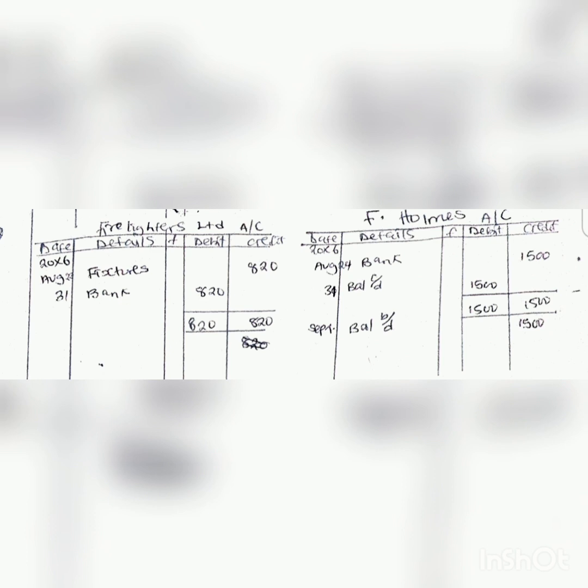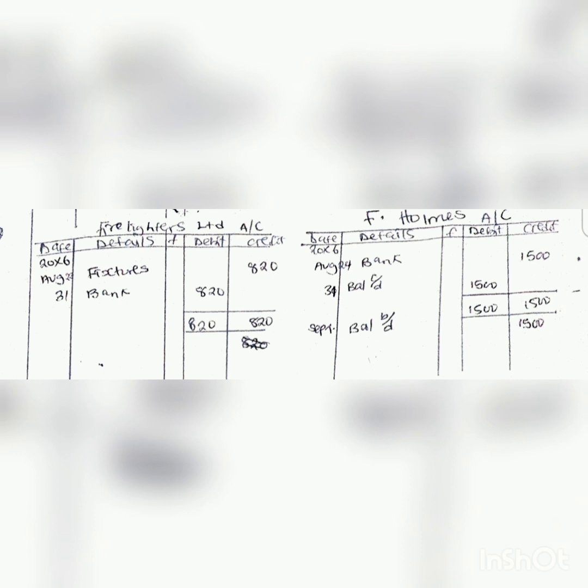Cash account we debit because we're receiving the money in exchange for the goods that we're selling. Bought fixtures on credit from Firelighters, £820. Fixtures account we debit. Then the Firelighters account, since this is the company giving us the goods, we credit this amount.